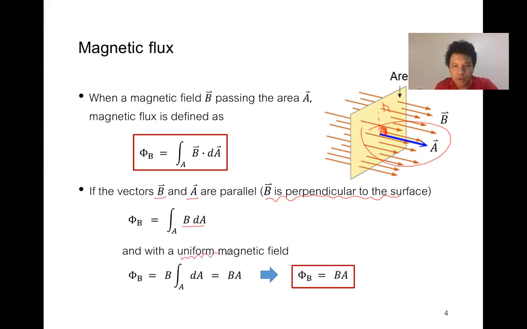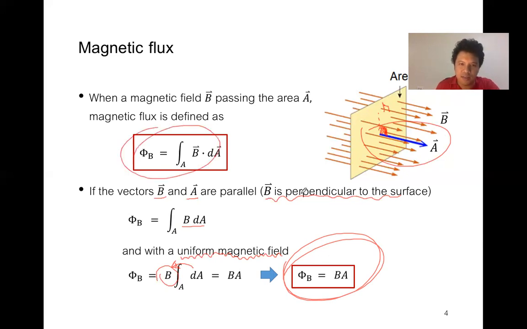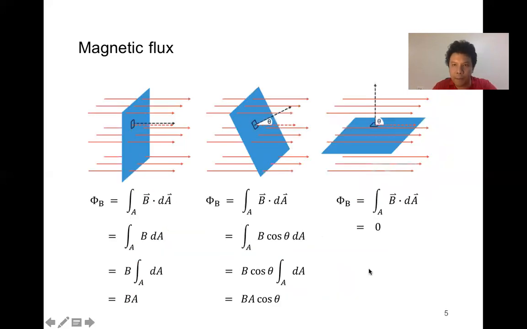With a uniform magnetic field, if B is constant, we pull it out of the integral, and finally we have flux equals BA, or phi B equals BA. This is the special case where B is perpendicular to the area and B is uniform, so we reduce the integral to the magnetic field times the area.